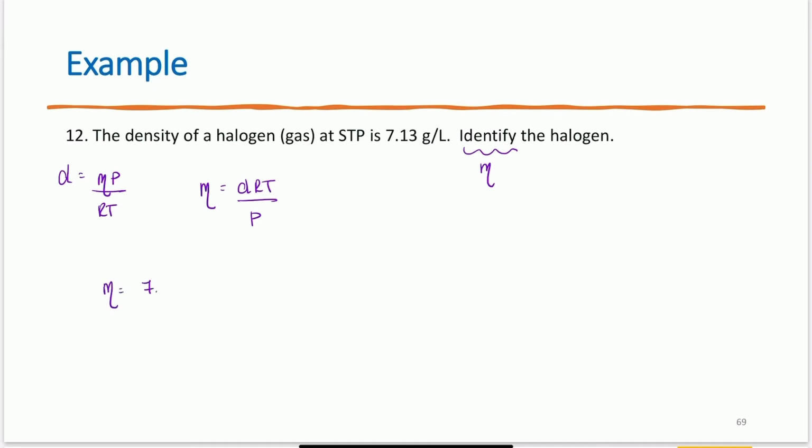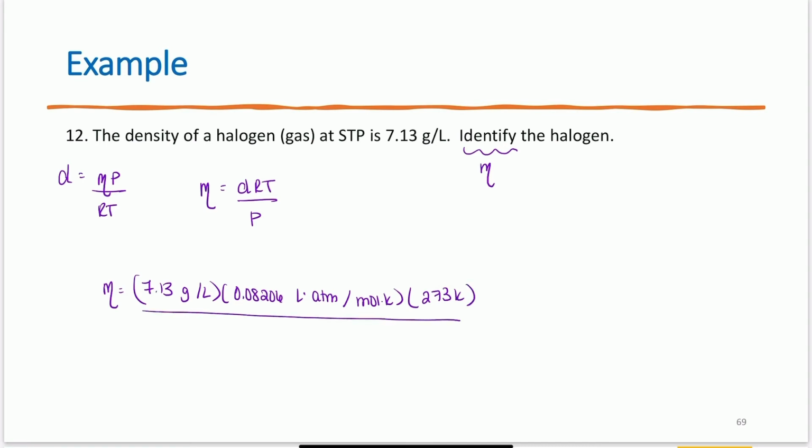So 7.13 grams per liter times my gas constant, 0.08206 liter atmosphere per mole K, times my temperature at STP, 273 K, and pressure 1 atmosphere because I'm at STP conditions. 159.8 grams per mole, which is Br2.